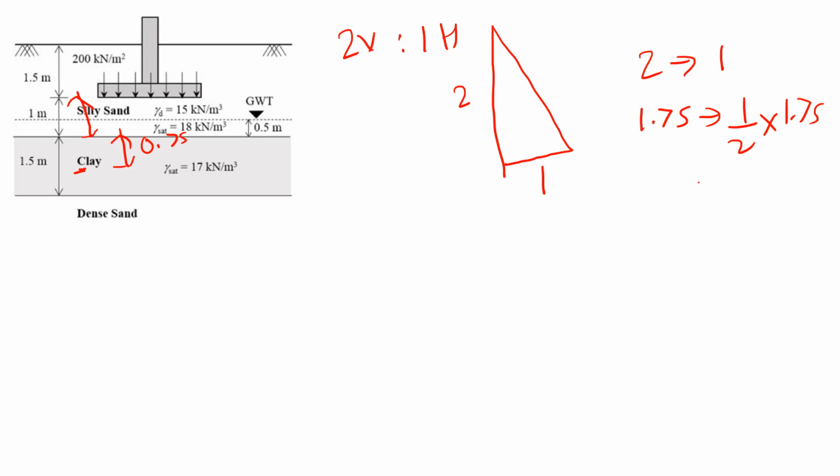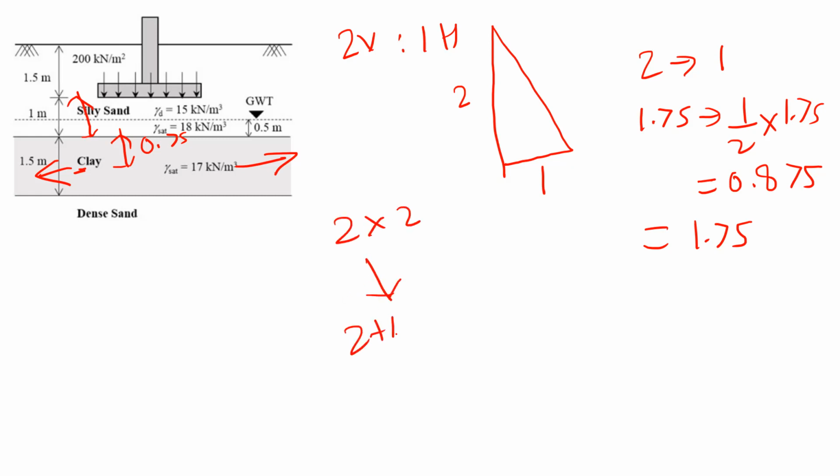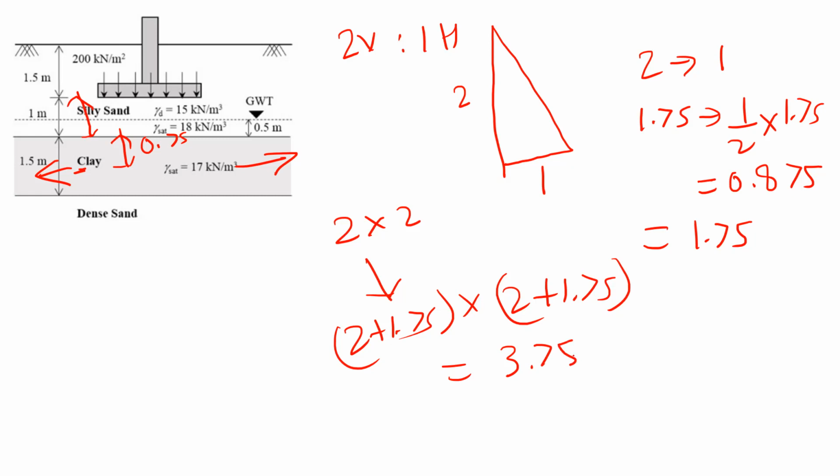This is in one direction, which comes out to be 0.875 in the one direction. So this needs to be increased in both directions, this and this. So total increase in the width would be 2 times 0.875, which equals 1.75. So the initial footing size, given as 2 meter by 2 meter, would change to 2 plus 1.75 cross 2 plus 1.75, which would be equal to 3.75 cross 3.75 meter.